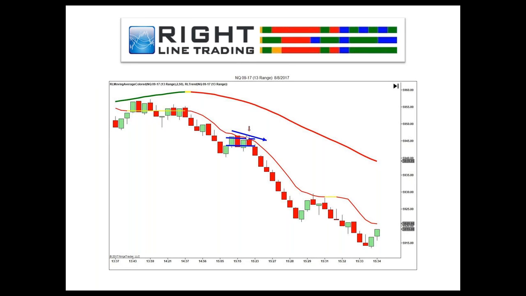Now, in order for the modified 15 to go red, you need both components to align. You have to have increased volatility, and you have to gain momentum in a direction.